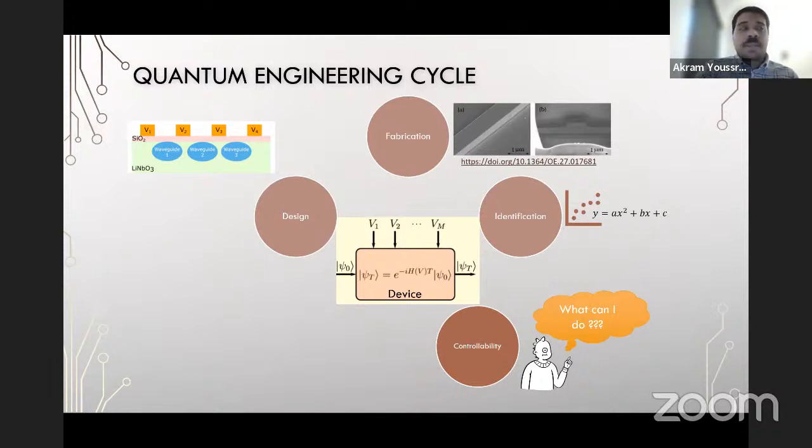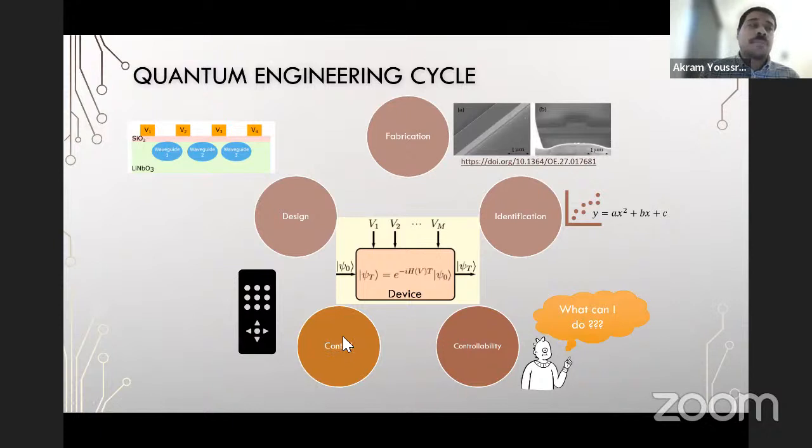Now, assuming we know that the device can do whatever is needed, then what we can do next is control. So I'm designing some pulses, for example, to make the device operate and have some desired quantum gate. And what should happen is that this should be a cycle. After control, we should assess the performance of the device and then go back to the original design and make it better.